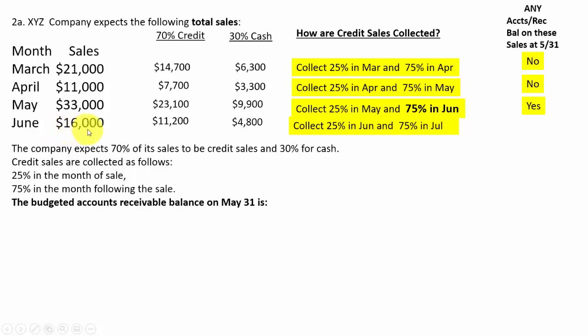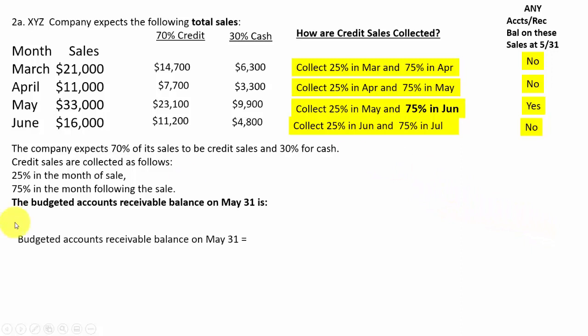In June, we're going to have credit sales of $11,200, and we'll collect 25% of those in June and 75% in July. But these June sales are past May 31st, so the answer there is no.